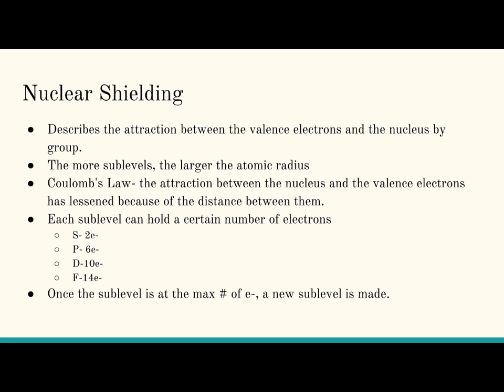Electrons are going to be placed into orbital after orbital after orbital. So as those electron energy levels are added to the atom, there's a lot of space between the nucleus and the last electron shell. So hence the nuclear attraction is diminished as electron shells are shielding the attraction between the nucleus and the valence shell.